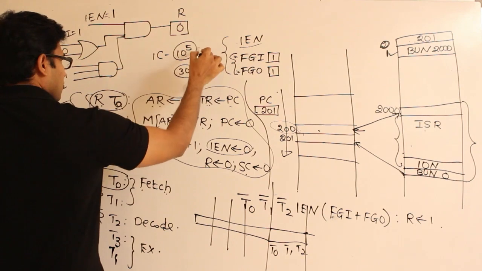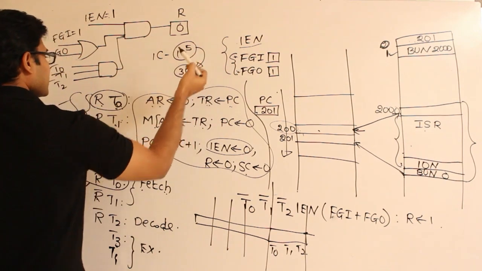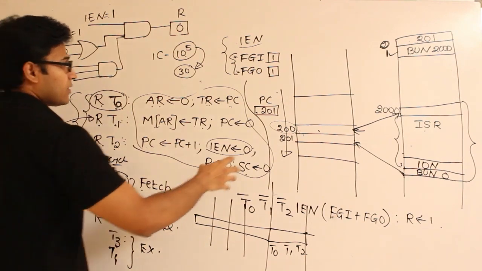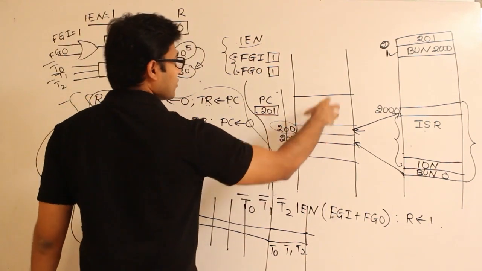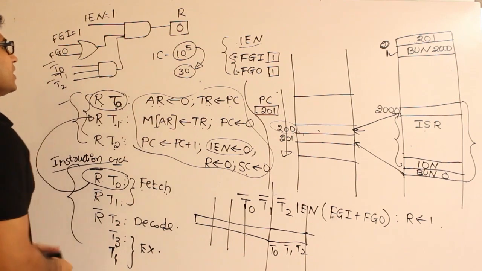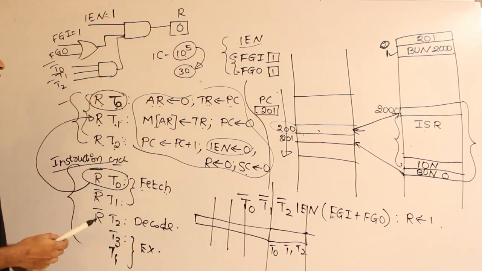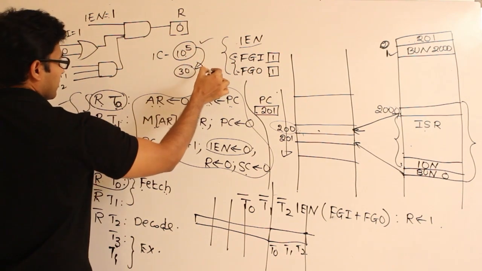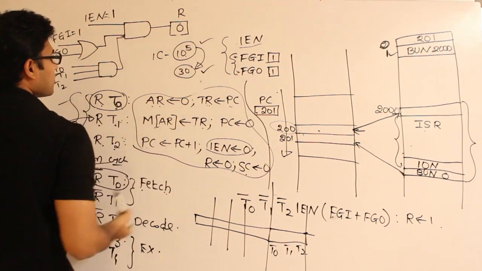So from here you are wasting very few instructions, right? But if you have to store the entire context of the processor, then you might waste more instructions. But anyway, the wastage is far less compared to programmed IO. Programmed IO wastes a lot of instructions compared to our interrupt driven IO.